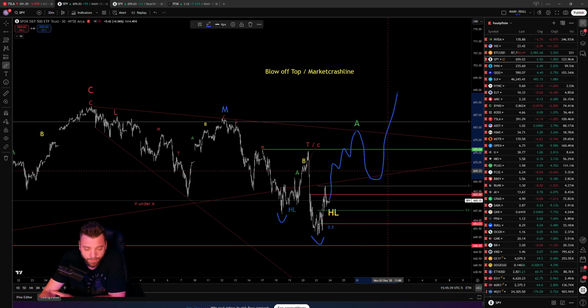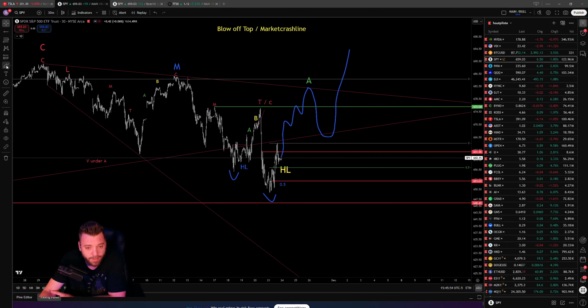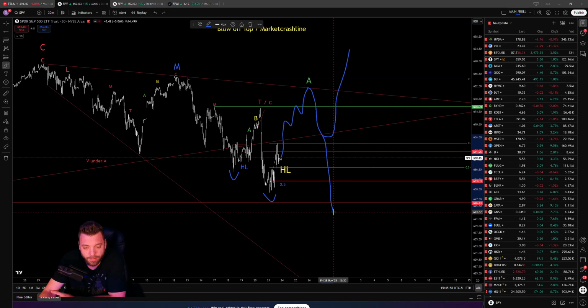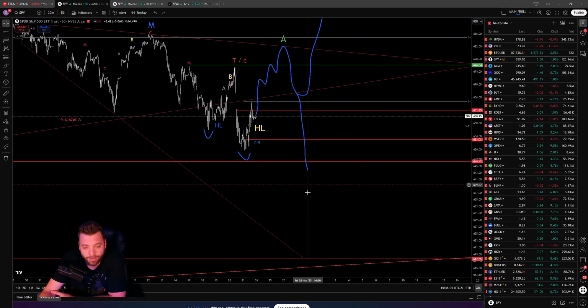Because just a 0.5 pullback, and then you go to your B. But you can't know that. Because if you reject here, this could also be just a confirmation that this was your peak. And then your next target is downside. I mean, in that case, your next target is the lower wedge break here.